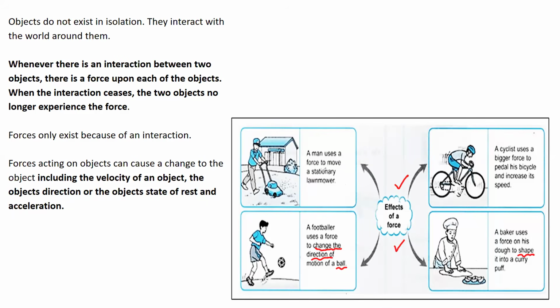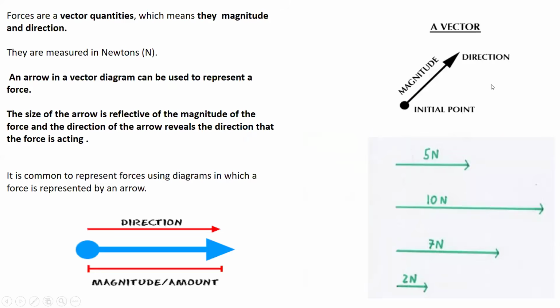Here, there is a particular stationary lawnmower which is now moving because of a force. On this side, the force is causing an increase in the speed. I need you to understand at any particular point what effects a force or forces have.